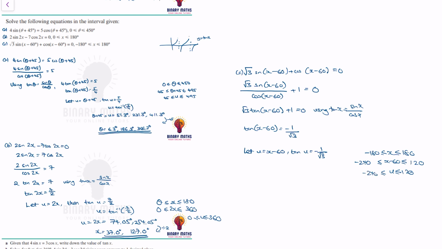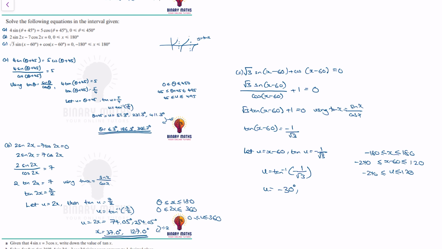So if tan u is equal to negative 1 over root 3, u will be equal to inverse tan of negative 1 over root 3. The first value I get is negative 30 degrees, which is within the range. I need to subtract and add 180 until I get the next one.